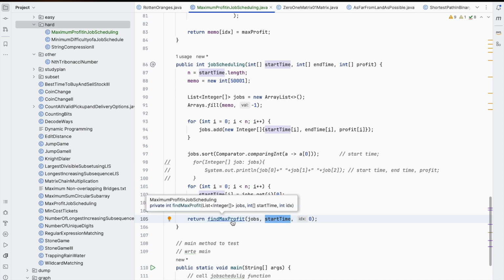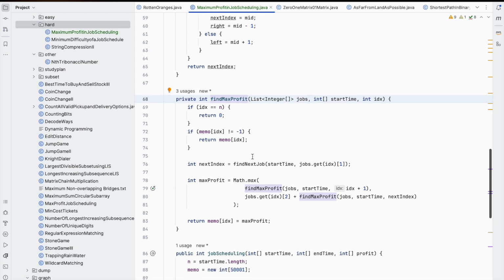So find maximum profit: we are passing jobs, start time, where we have start time in increasing order, and from 0. It means this will figure out the result of our problem starting from index 0 till the last index.